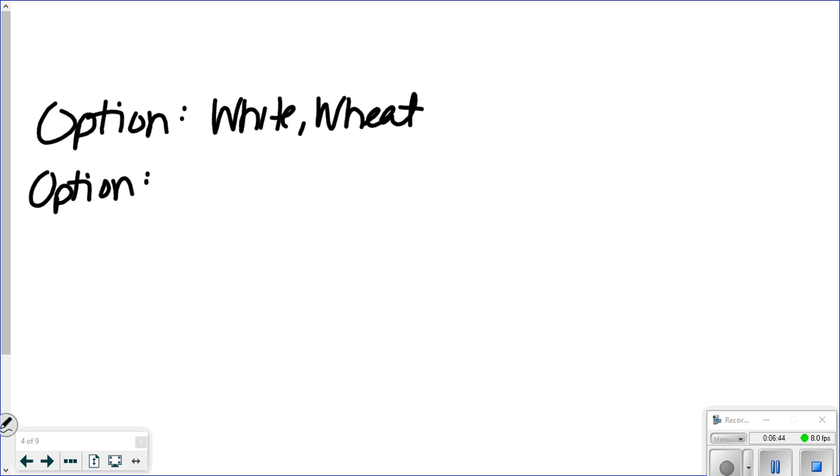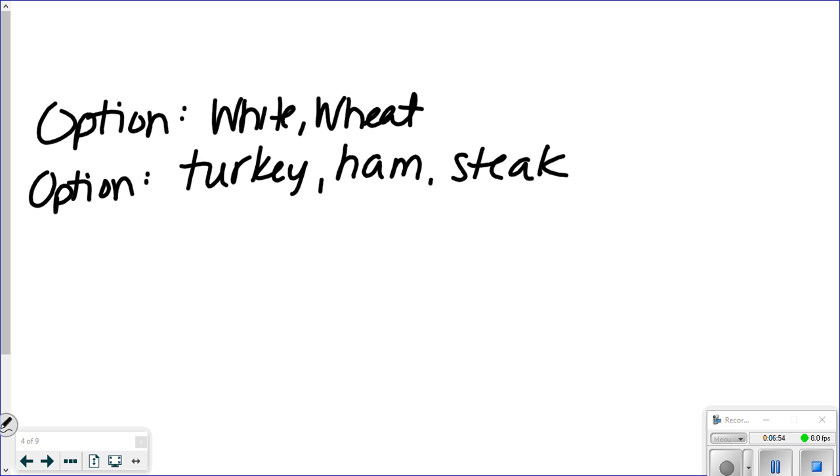So meat, they'd ask you maybe turkey, ham, steak. I'm just doing a few. Then maybe option 3, they ask you the type of cheese you want, so let's just say American.